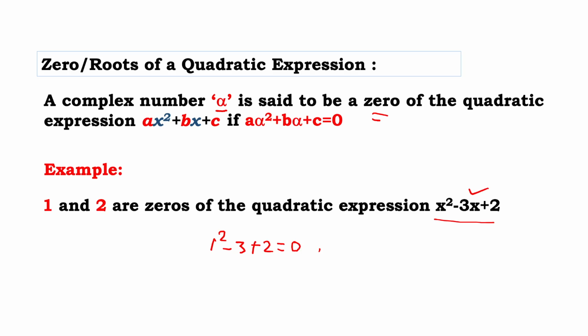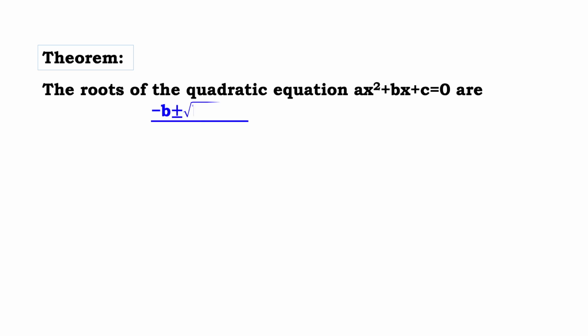So Sridharacharya has given the formula for quadratic equation. After that, this is known as Pale's theorem, right? The quadratic ax square plus bx plus c, then the value of x will be minus b plus minus under root of b square minus 4ac by 2a.